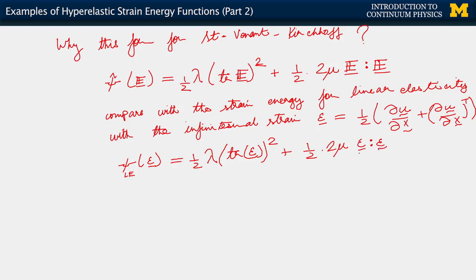Okay, and this is really the reason, because you take exactly the same form, just replace the infinitesimal strain with this nonlinear finite strain measure, and you're ready to go.